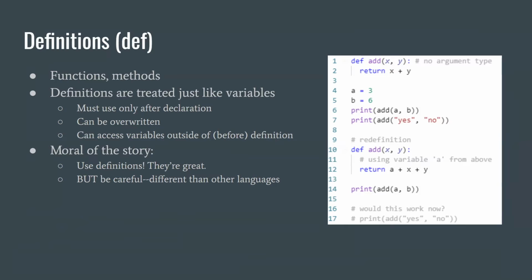Definitions function just like variables in that you can only use them chronologically. You can't define a definition at the bottom of your file and then use it at the top, like you might be able to in other languages where everything is put in functions. So you have to use them chronologically. You can overwrite them, which is a little weird.